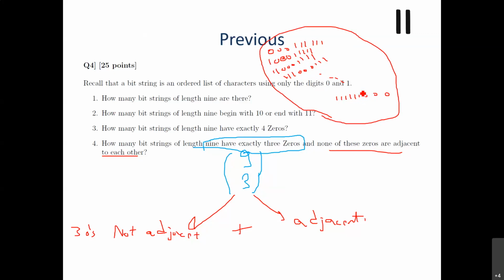I'm not sure how many exactly, but let's say it's 8. To get the answer for part 4, it's simply 9 choose 3 minus this finite number, and that's it.